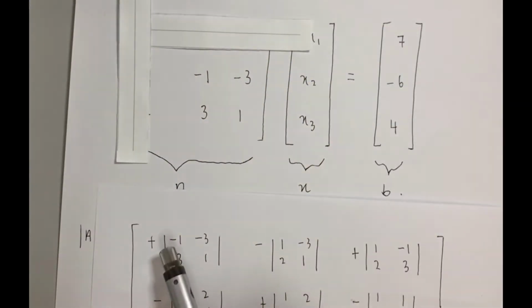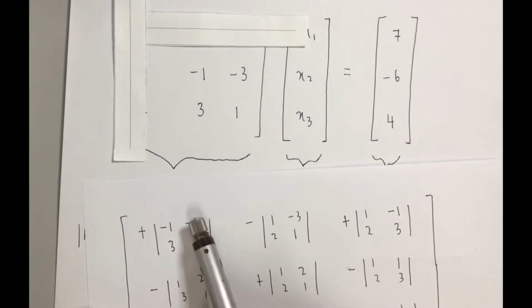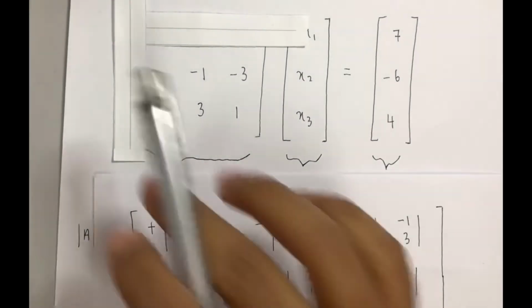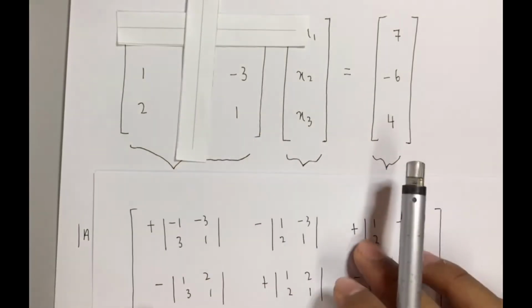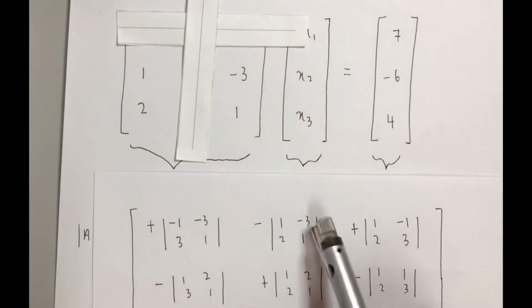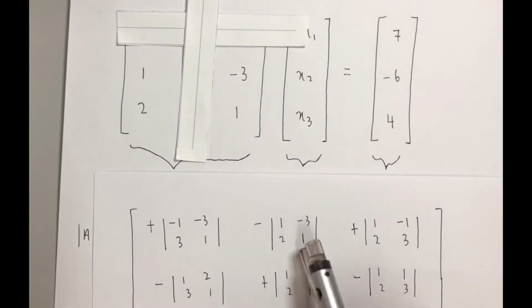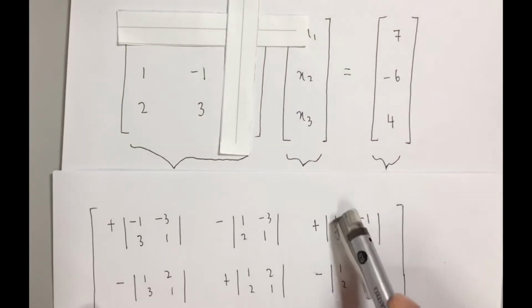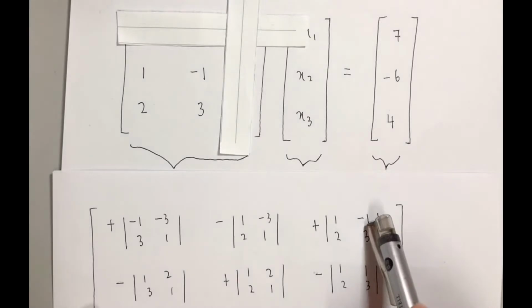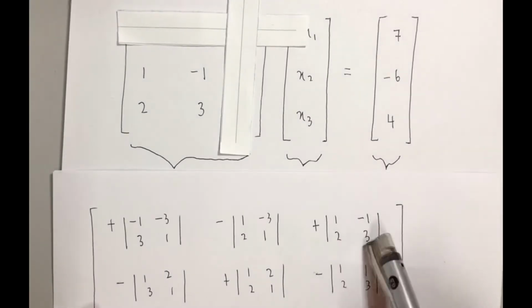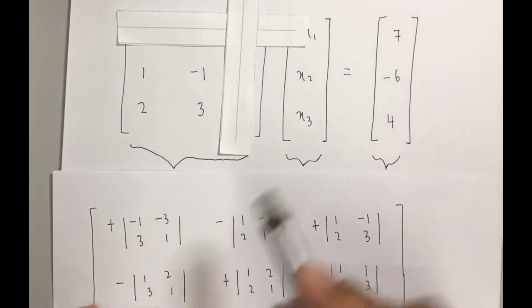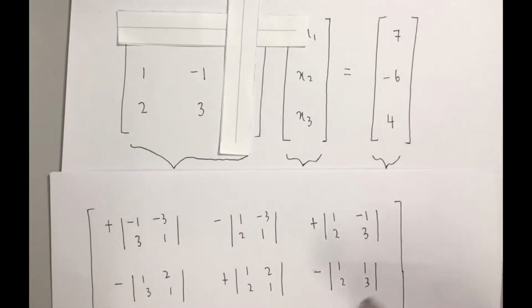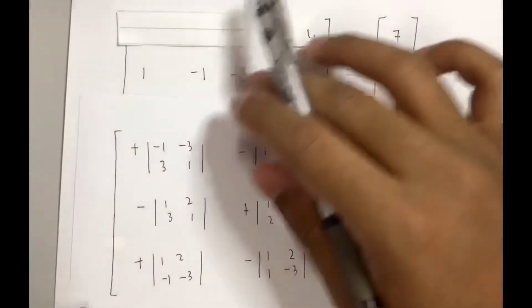You will get negative 1, negative 3, 3, 1. Second column: 1, negative 3, 2, and 1. Third column: 1, negative 1, 2, 3, and so on until you get the answer like this.